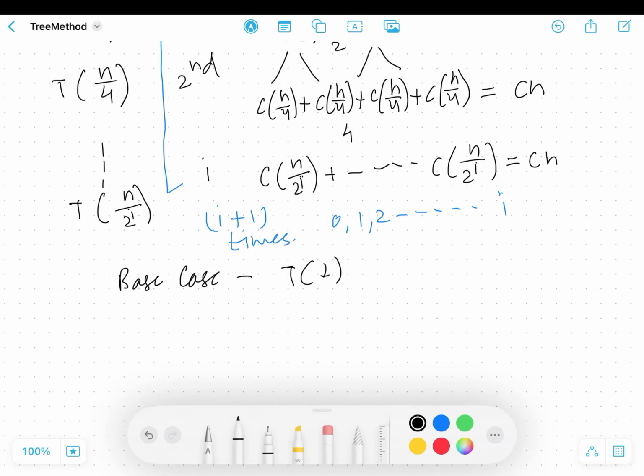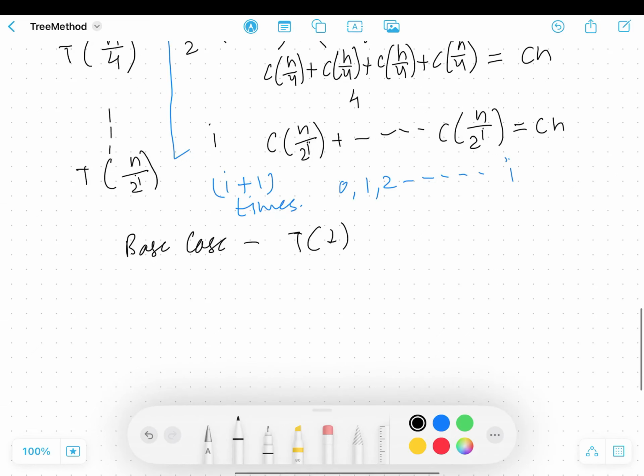This means n upon 2 raised to the power i is equal to 1, or i is equal to log base 2 of n.